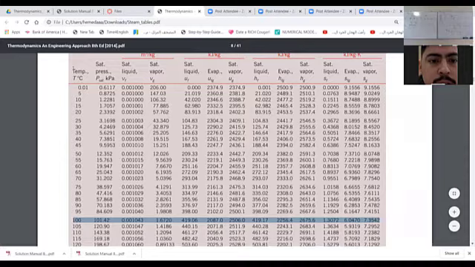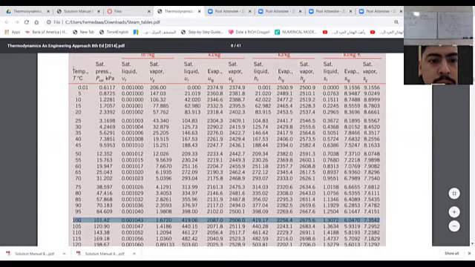It's specific. Perfect. Specific means we divide by mass. Kilojoule per kilogram, the whole column. It means intensive property. It does not depend on the size, no matter how much water you have. If you have 100 Celsius, 100 kilos, 1 kilo, 0.1 gram, you have the same data.